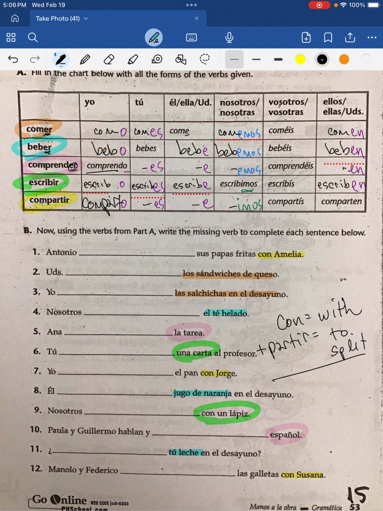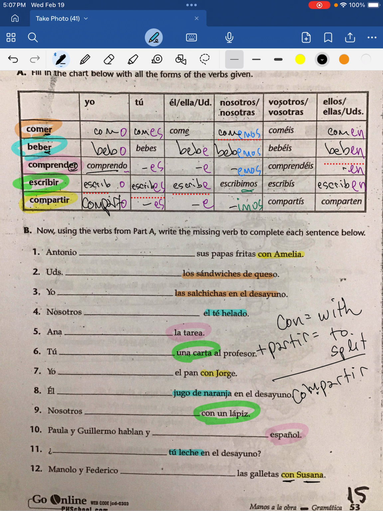So if we add those together, we would get conpartir, and many languages, including Spanish, can't have that N next to a P, so it just changes to an M. Compartir, it still means to split with. To split with is to share.